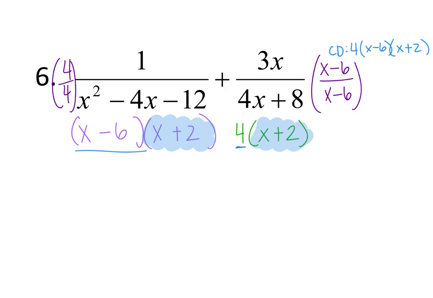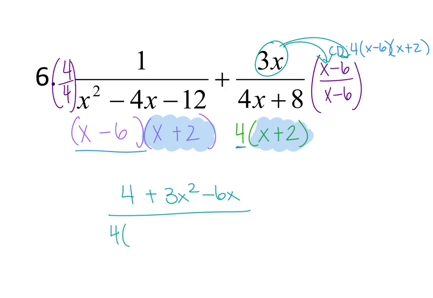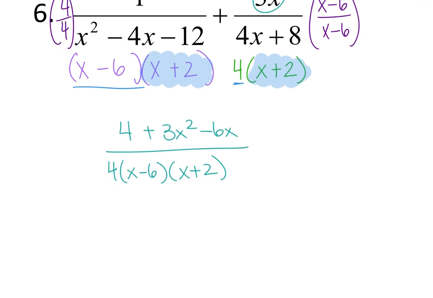Okay, so we're going to multiply. So that'll give us 4 plus, and then let's go ahead and distribute that in. So plus 3x squared minus 6x all over 4, x minus 6, x plus 2. Okay, put this in highest to lowest power, so 3x squared minus 6x plus 4 all over 4, x minus 6, x plus 2.